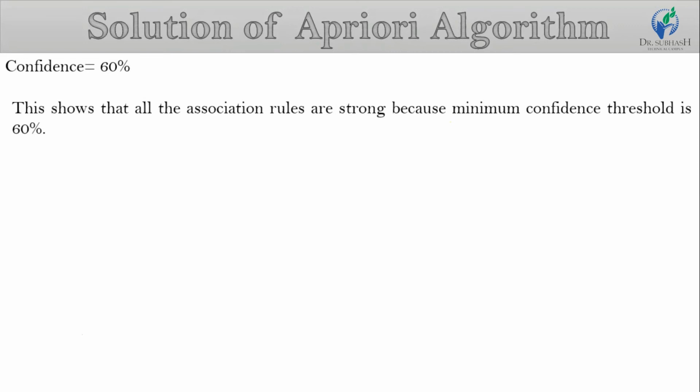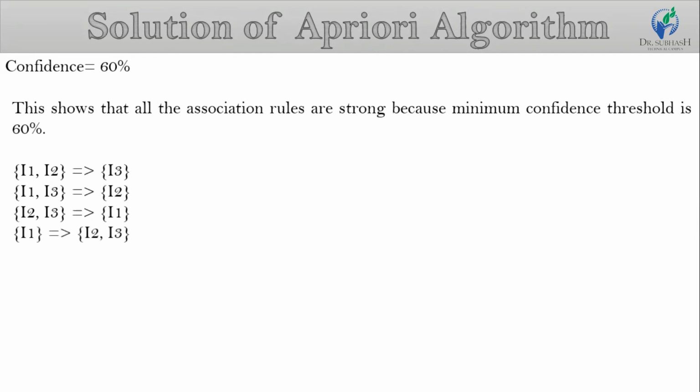So the answer is I1, I2 implies I3; I1, I3 implies I2; I2, I3 implies I1; I1 implies I2, I3; I2 implies I1, I3; and I3 implies I1, I2. I hope you can understand this example.